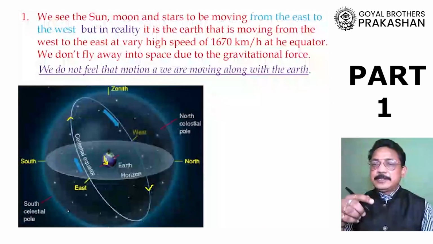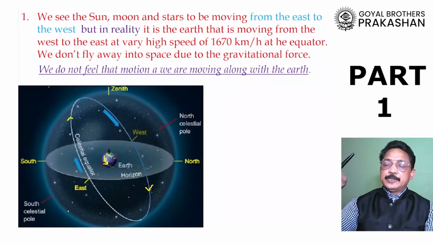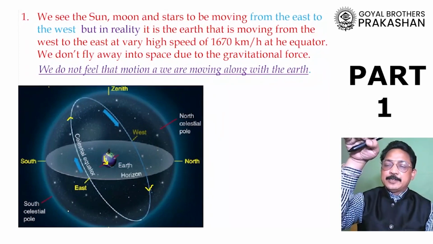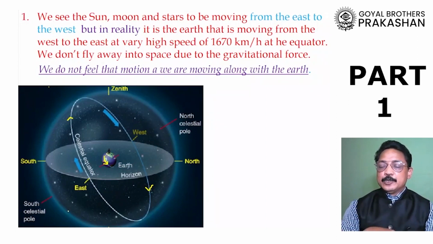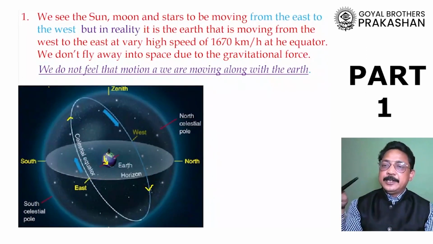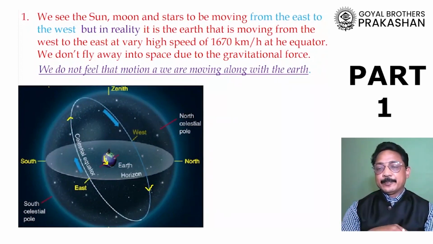Now you must have seen the sun rising in the east, then it travels during the daytime, reaches the highest point in the sky, and then it starts setting. So that means we see the motion of the sun in the sky. You also must have seen the moon rising in the east and setting in the west. Then constellations, different stars also rise in the east, and they all move towards the west and they set.